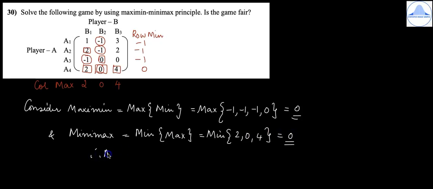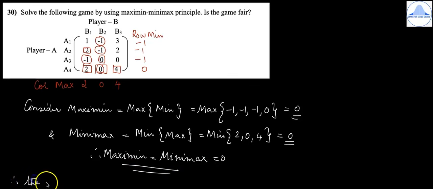Therefore you get maximin is equal to minimax is equal to 0. So therefore the value of the game is 0.